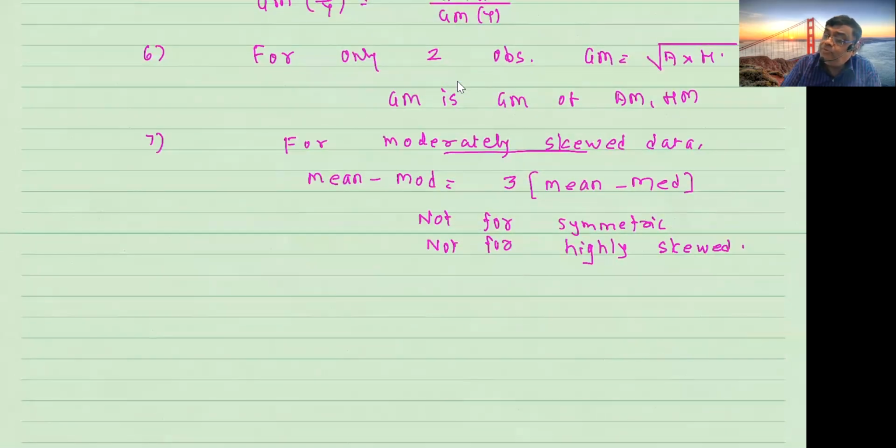Then as the 8th point over here, and that is an extremely important point. If I consider y is equal to ax plus b, addition is the change of origin.